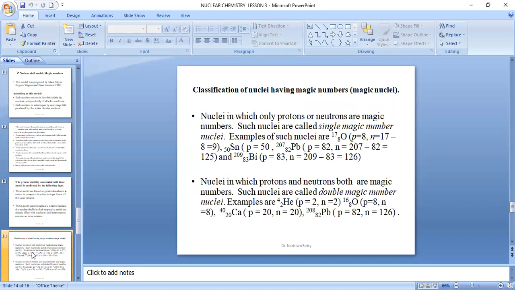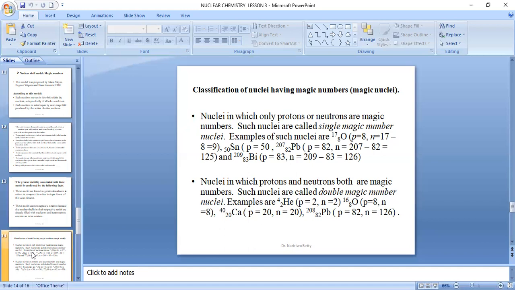An example is oxygen, which has 8 protons and 9 neutrons, so the magic number is 8. We have tin, which has 50 protons. We have lead, which has 82 protons. We have bismuth, which has 126 neutrons.